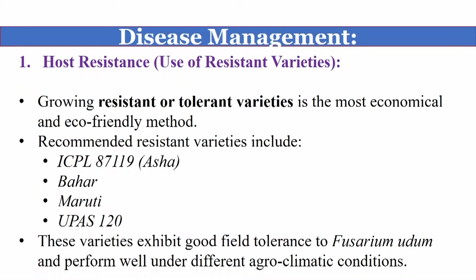There are many, like Bahar, Maruti, UPAS 120, ICPL 87119, so many varieties are available. So you can prefer disease tolerant or disease resistant varieties, as per your availability. These varieties exhibit good field tolerance to Fusarium udum and perform well under different agroclimatic conditions.